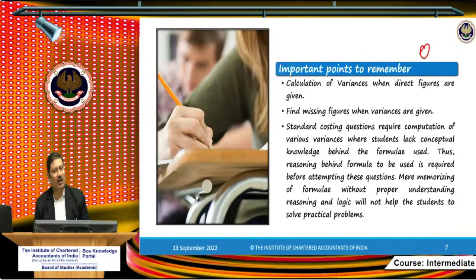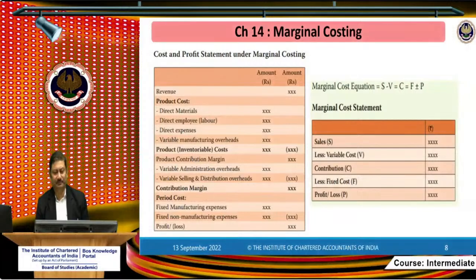Conceptually go through it and practice as many questions as possible. Merely memorizing the formula may not help you. Only if your logic is clear, if you know exactly what the requirement is and what exactly you have to calculate, then only will you be able to solve the numerical problem. Since the time is not that much, we have just given some hints.